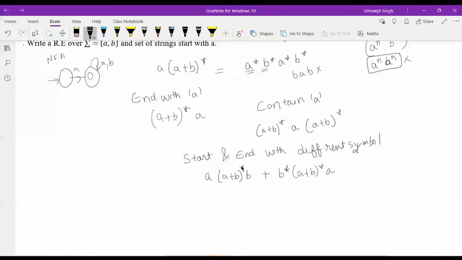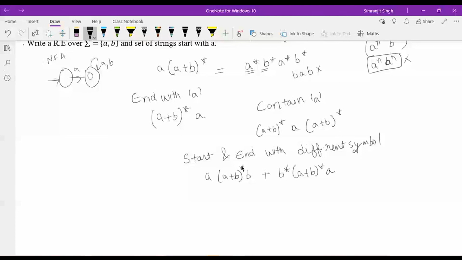Same symbol. Now it seems a little bit different, because if you see start and end with the same symbol, epsilon will also be in it, A will also be in it, and B will also be in it. So what you can do is just add a plus sign and write that starting with A, ending with A, starting with B, ending with B. I think you got my point, what I'm trying to say.